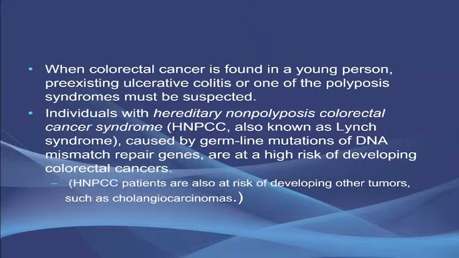Individuals with hereditary non-polyposis colorectal cancer syndrome, also known as Lynch syndrome, caused by germline mutations of DNA mismatch repair genes, are at high risk of developing colorectal cancers at an earlier age than the regular population. And of course, this group of individuals are also at risk of developing other tumors such as cholangiocarcinomas. So it's a cancer syndrome, so to speak.